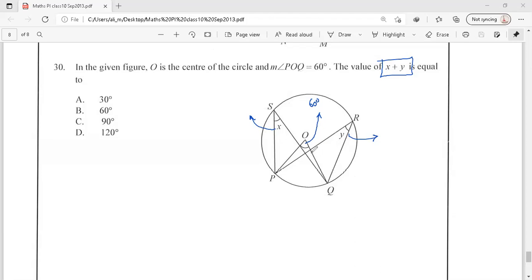If the central angle is 60, the angle in the segment will be 30 degrees, and these angles S and R are angles in the same segment, so they are equal. So these two are 30 degrees. Finally, the sum of X plus Y would be equal to 60 degrees. So option B is the right answer of this last question, question number 30.